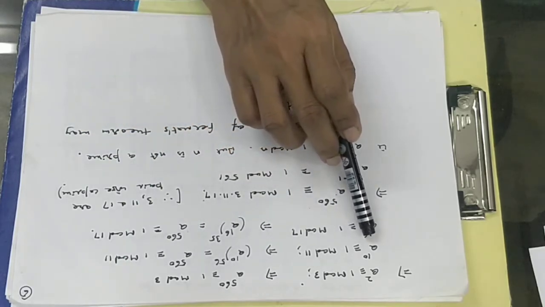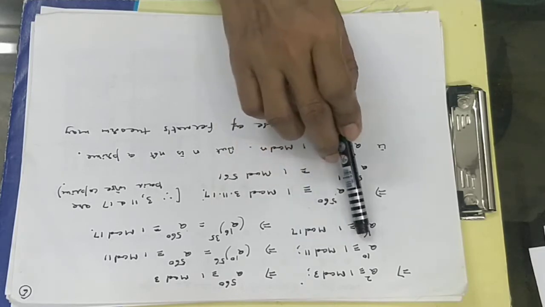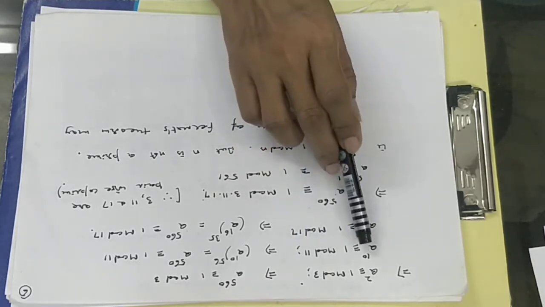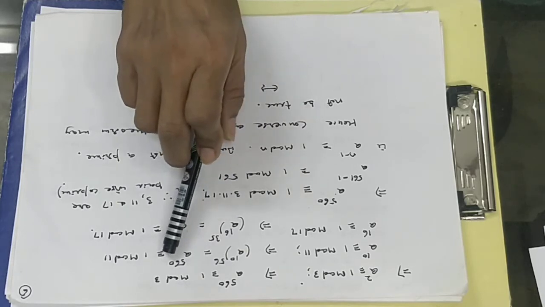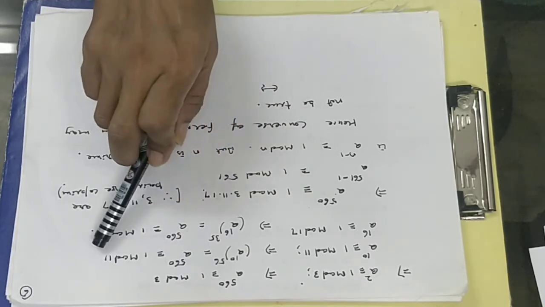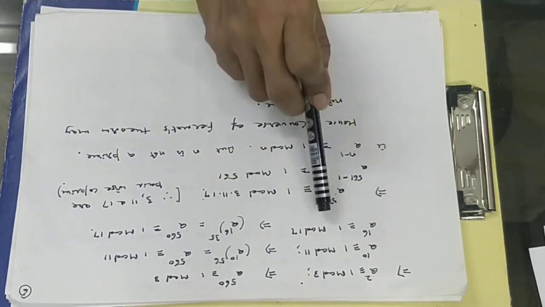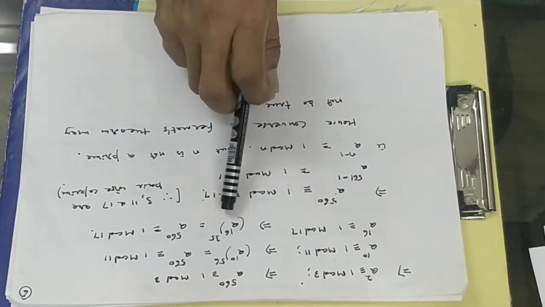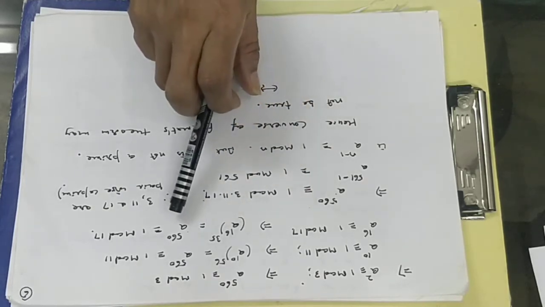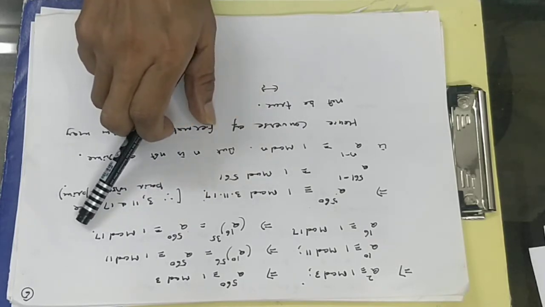And a to the power 10 is also congruent to 1 modulo 11 by Fermat's theorem. Now raising to the power 56, we get a to the power 560 is congruent to 1 modulo 11. Similarly, we know that a to the power 16 is also congruent to 1 modulo 17, and raising to the power 35, we get a to the power 560 is congruent to 1 modulo 17.